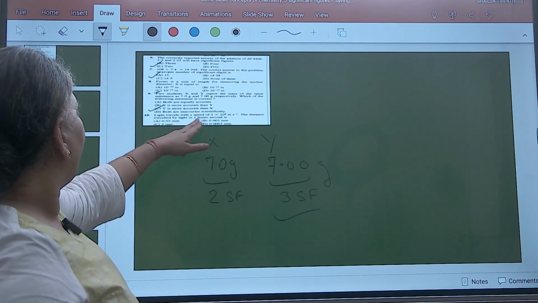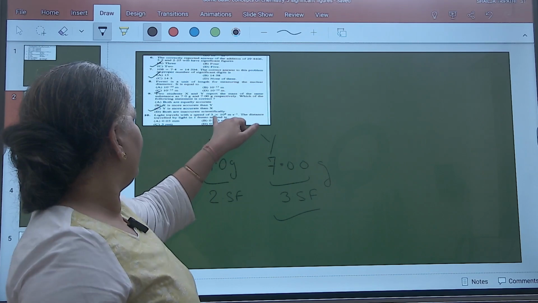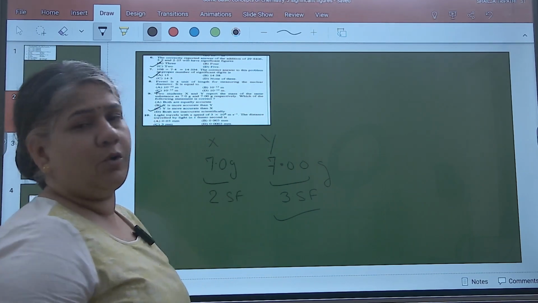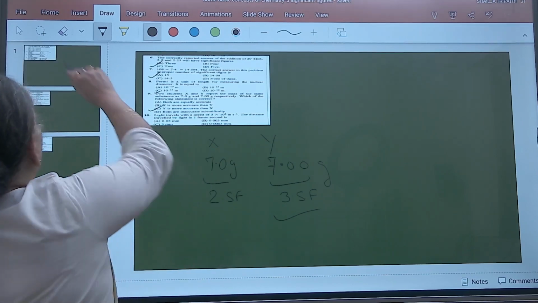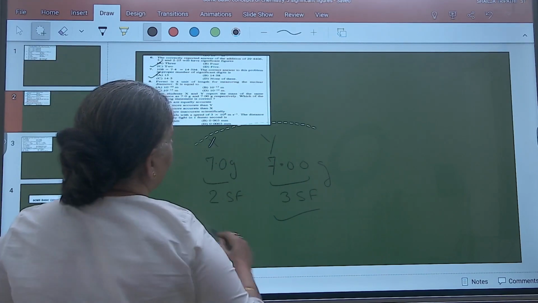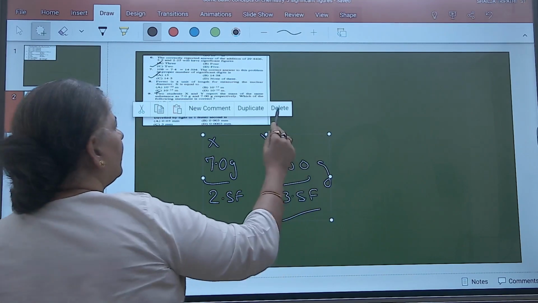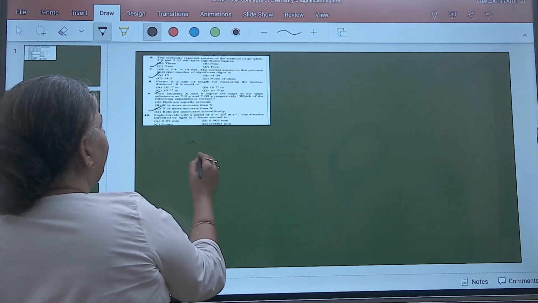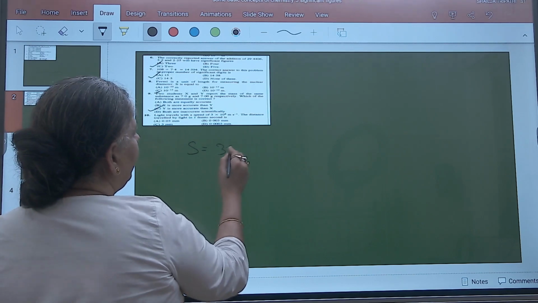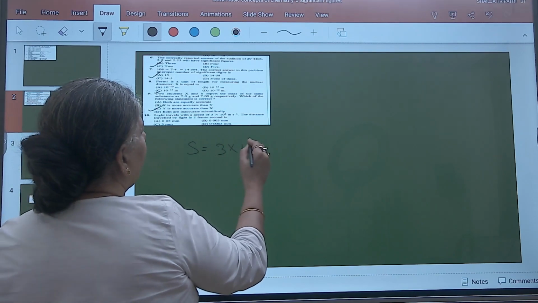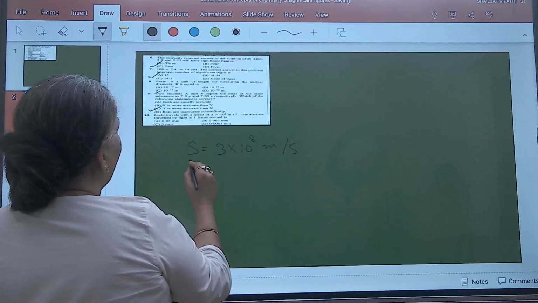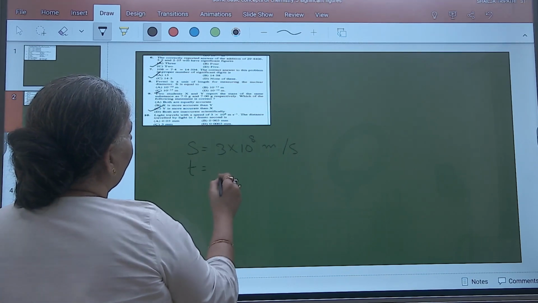Okay. Next question: light travels with the speed given. The distance traveled by light in 1 femtosecond is... Speed is given as 3 into 10 raised to the power 8 meter per second. Time is given as 1 femtosecond.